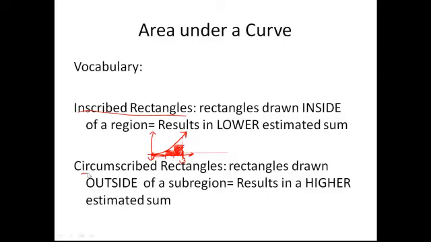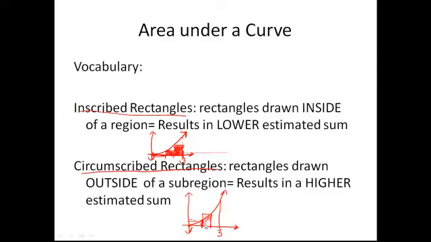If we want circumscribed rectangles, those are rectangles drawn outside, so they can have pieces outside of our curve or outside of our region, separated into 3 equal pieces. So here are my divisions. Instead, you're going to find that I'll be using the right-hand side of these subdivisions, so I'm going to use this line to draw my rectangles.